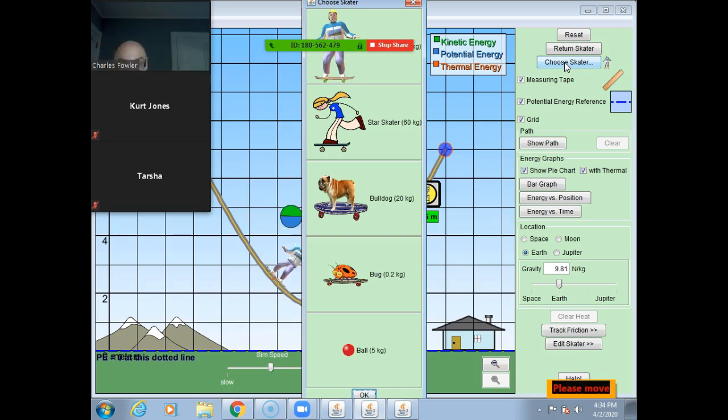Calculate the potential energy using that skater's mass. You do it at the maximum height. That hasn't changed. The speed at the maximum height didn't change. The kinetic energy at the maximum height didn't change. And you do mechanical energy. That will change because you have a different potential energy. Then calculate potential energy at the minimum height.